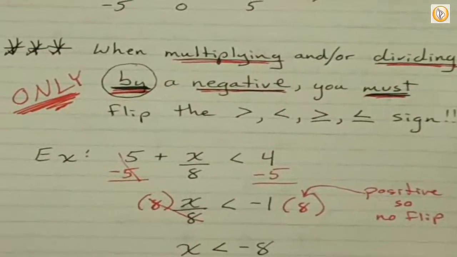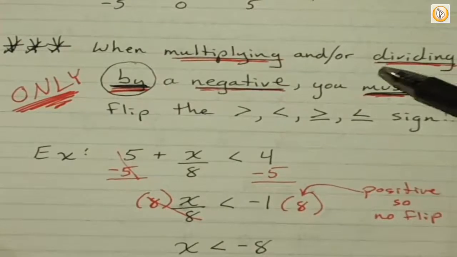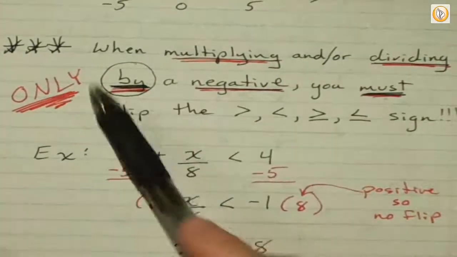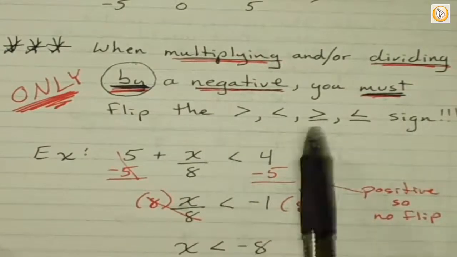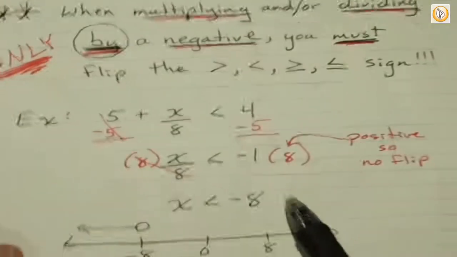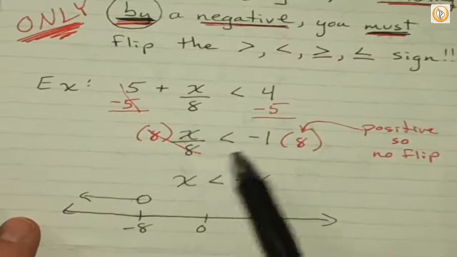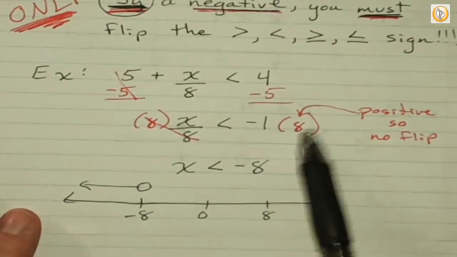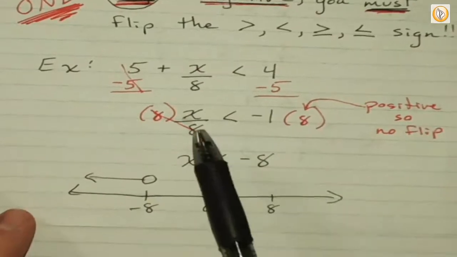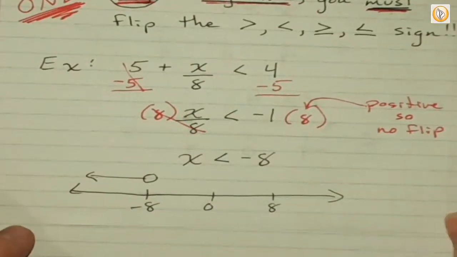There's more examples. Here's the important thing: when multiplying or dividing by a negative, you must flip the sign. This one was positive. We were multiplying by a positive, so we did not flip the sign.